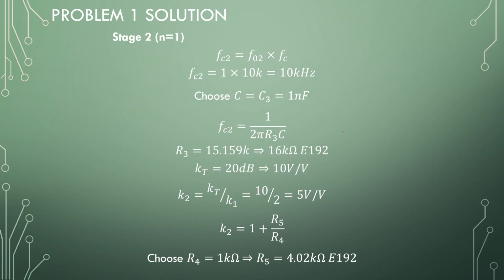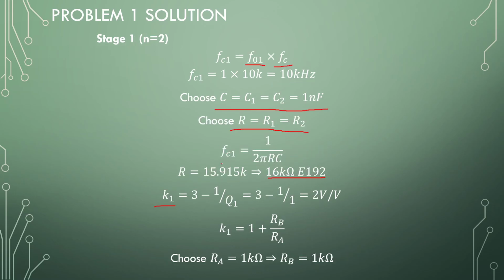The second stage is the first order. So FC2 is the table value multiplied by the cutoff, again 10 kilohertz. This is why the Butterworth is component saving. You don't have too many component values, and it will turn out to be the same 16 kilo ohms. I typed this in wrongly. This should be 15.915, the same as right here.